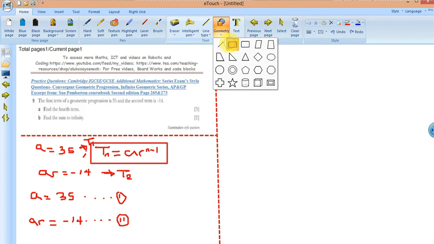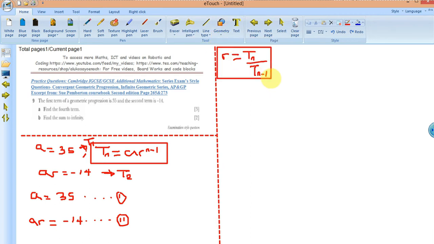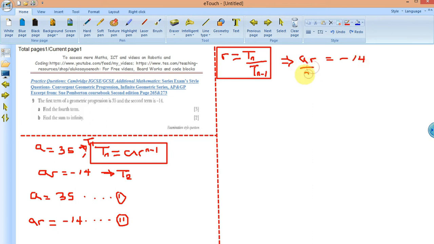An implication of this is that equation 2, AR, equals minus 14, and you divide by the first term, equation 1. This is T2 divided by T1, that is, dividing equation 2 by equation 1. That's what I'm doing now.